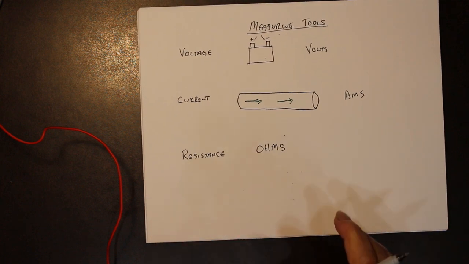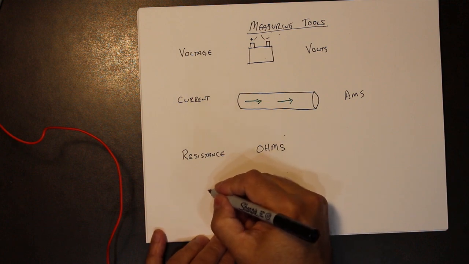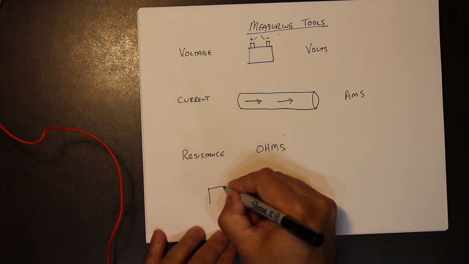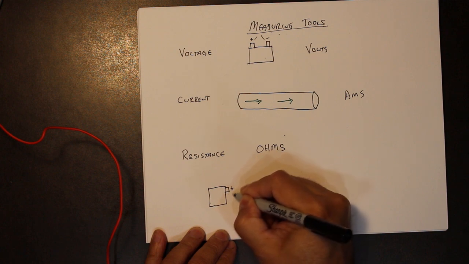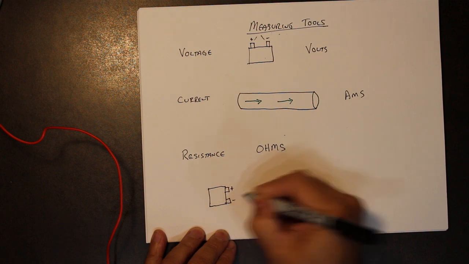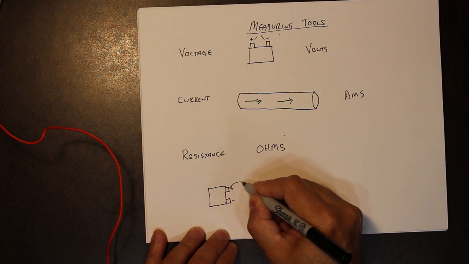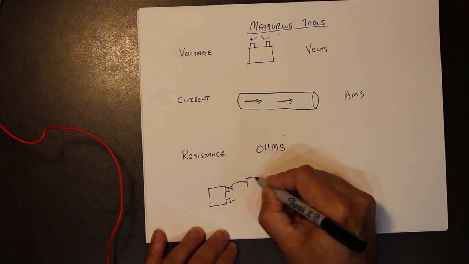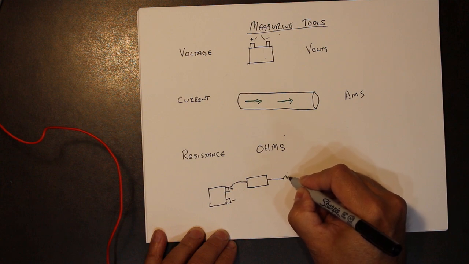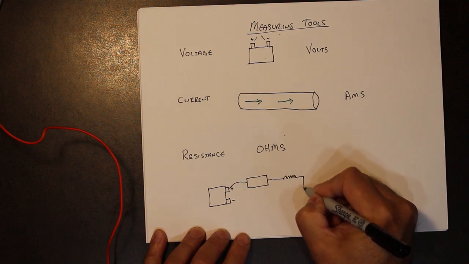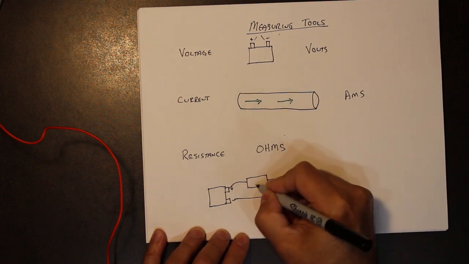So if I look at the circuit that I had just built for you, you could look at it like this. Here is the battery, the positive terminal. Here is the negative terminal. We went up into the meter, out of the meter, into the resistor, and then returned.